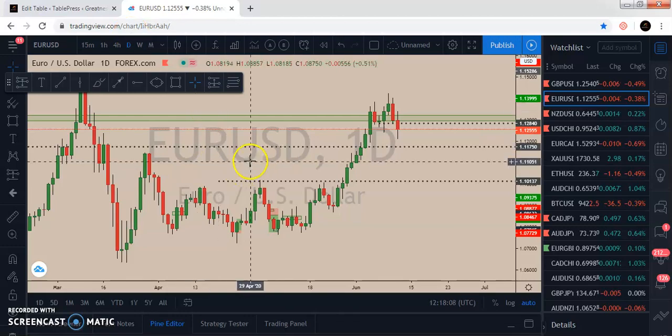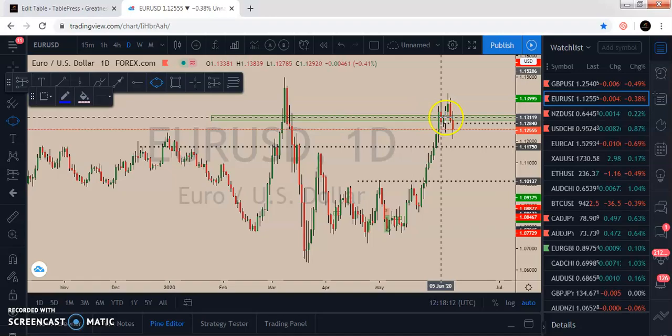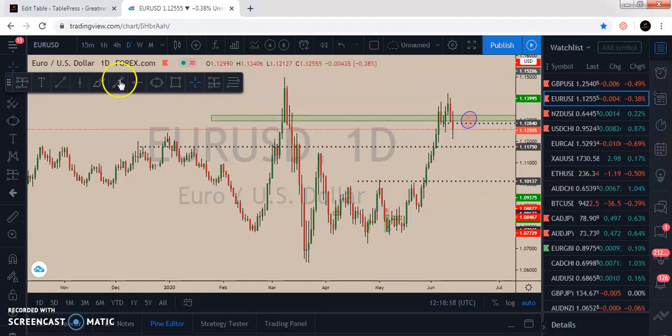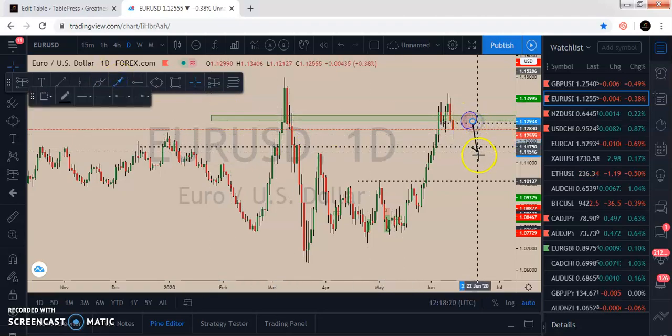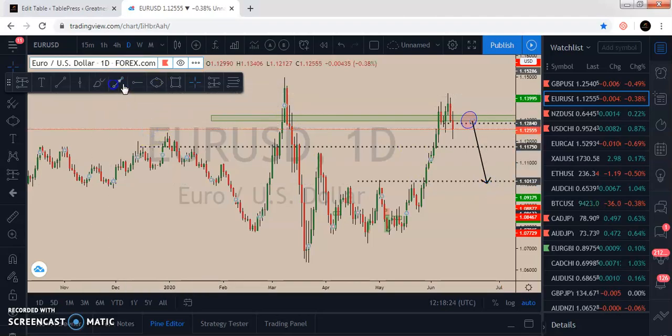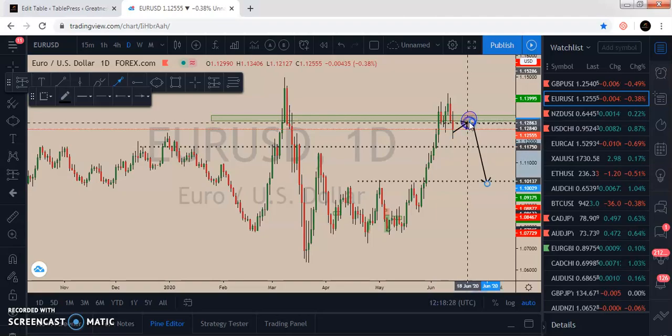So we are going to be monitoring this pair for one of our short opportunities. If the market gives us an entry rule from the 4-hour time frame, we'll take a short to our overall target for at least a 1 to 3 risk to reward. So this is for Euro USD.